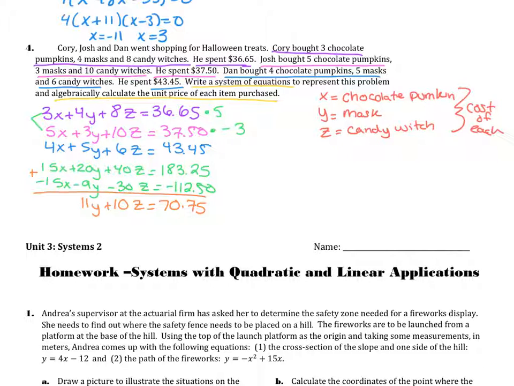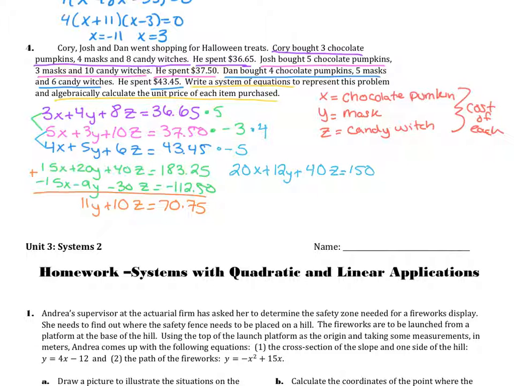So now I'm going to do the same thing, but I want to incorporate my last equation. If I want to eliminate x in my second two equations, I'm going to multiply my first equation by 4 and my second equation by -5. When I do that, I'm going to get 20x plus 12y plus 40z equals 150.